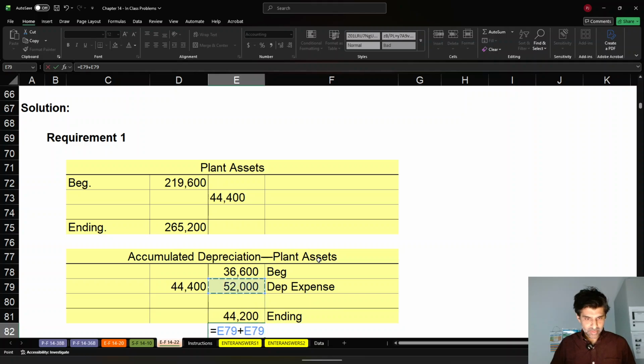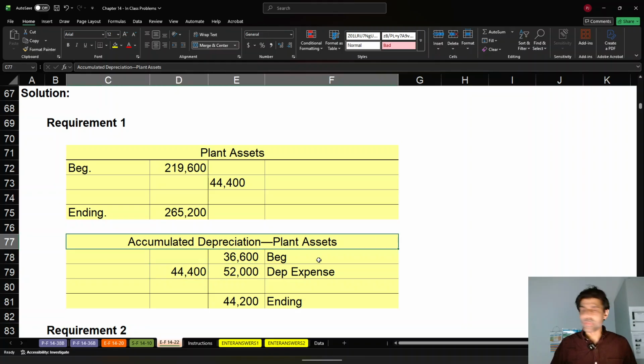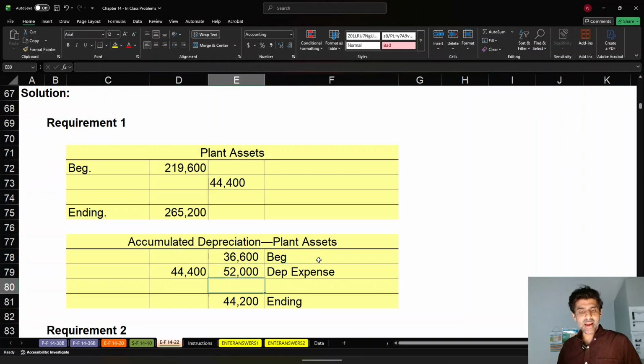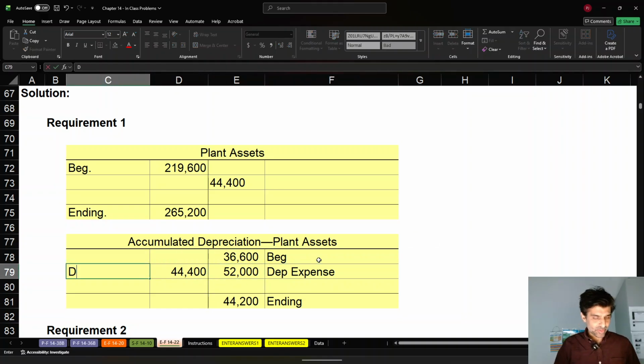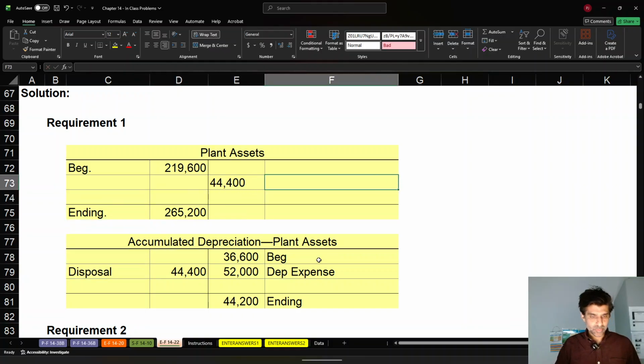This plus this minus this. Yes, it works. So we now have completed accumulated depreciation and plant assets. It now is reconciling our beginning and ending balance. This is related to disposal, and also this is related to disposal.